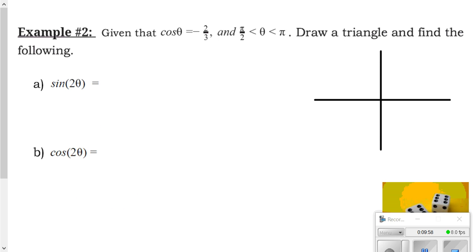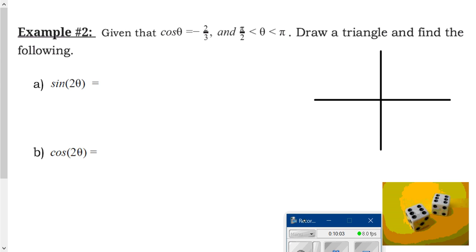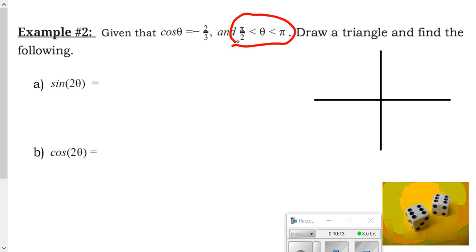Now, in the next two questions, we do get to draw a picture as well as do some trigonometry, okay? So this one said, given that cosine is negative 2/3, and then this bit over here is fancy pants way of saying we are in quadrant 2, because we're between pi over 2 and pi, and that's quadrant 2.